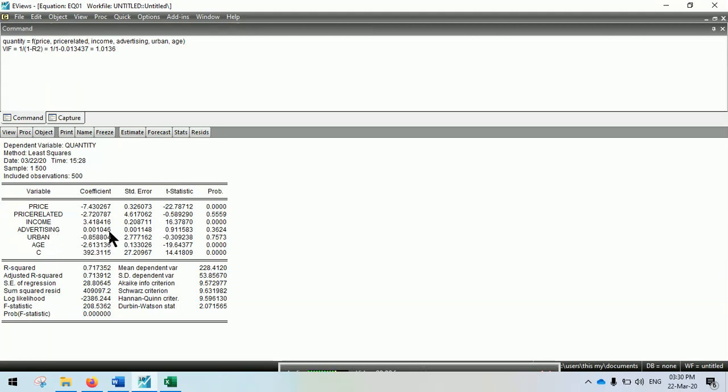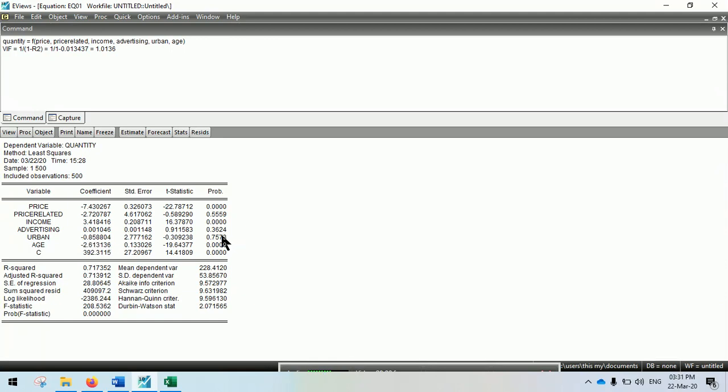Advertising is not significant, and the impact is also very minimal. It means that maybe the shop is spending money on advertisement, but actually there is no increase in sales. Again, urban has a negative sign, but it is also not significant.